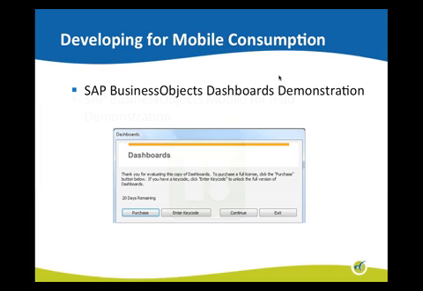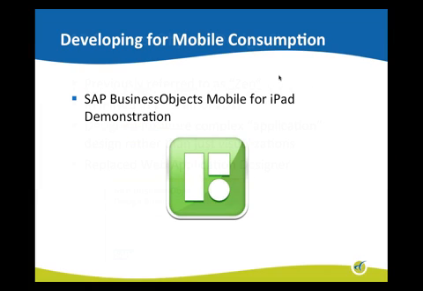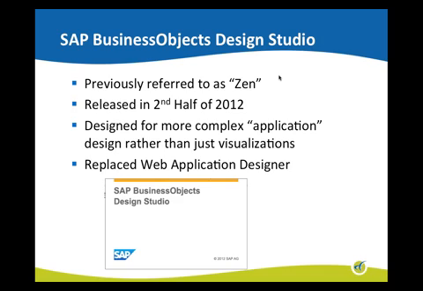So come back in here, and we already went through the mobile application, BusinessObjects Mobile. So just a quick touch on Design Studio. It was previously referred to as Zen. It was released in the second half of 2012. It's definitely a more complex application design tool rather than just for visualizations alone.